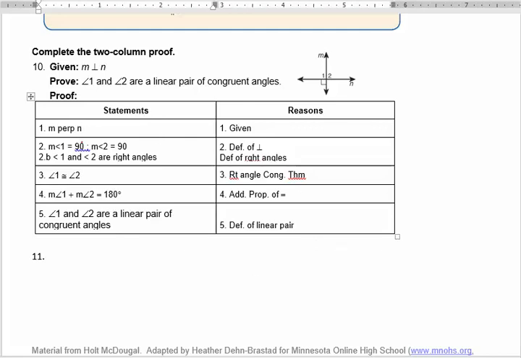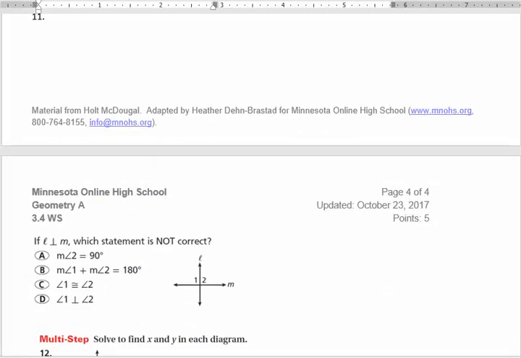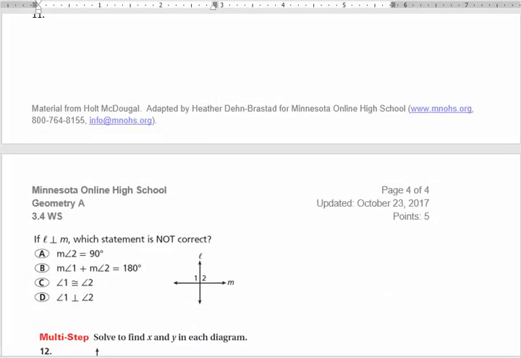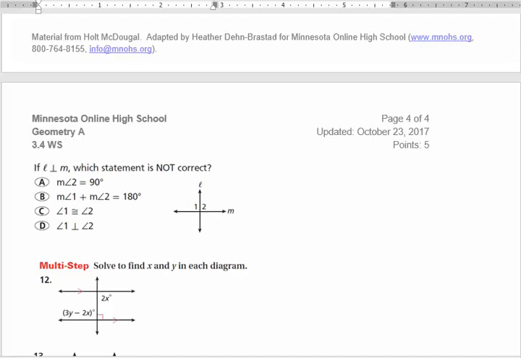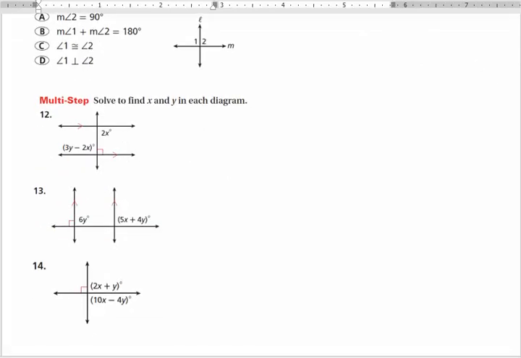All right, so we've got that one taken care of, maybe with an extra step or two. Number 11, you just have to pick which of these statements would not be true if L is perpendicular to M. So I'll let you work through that, look through each one and see if that must be true. And then for these ones, we're going to go back to the theorems that were in this chapter.